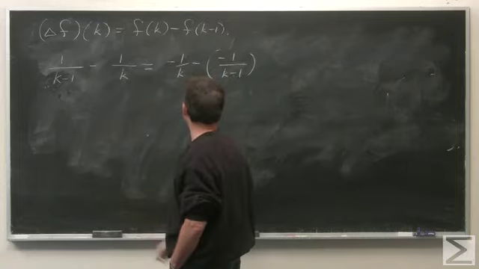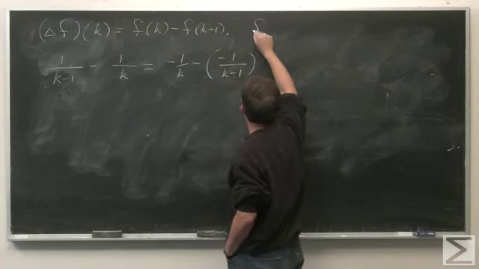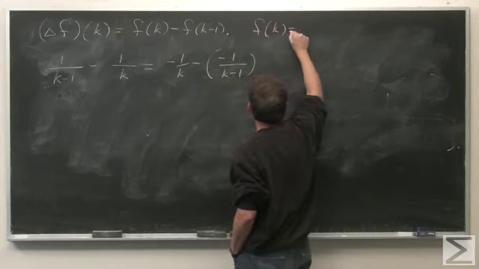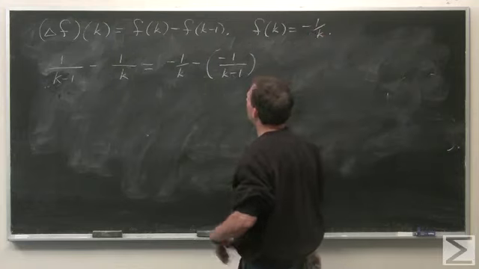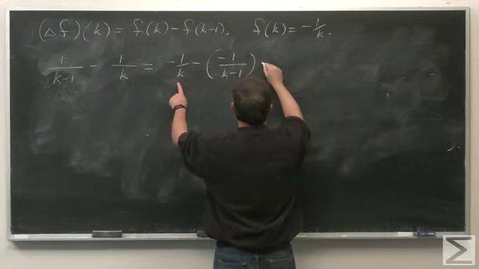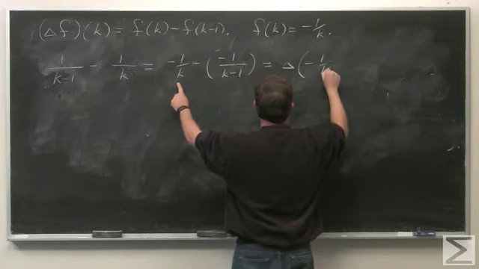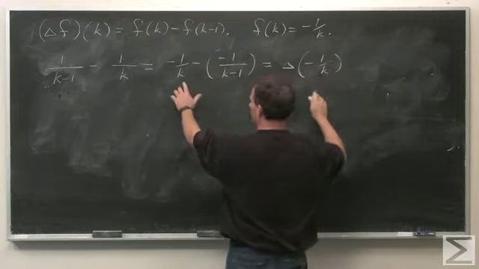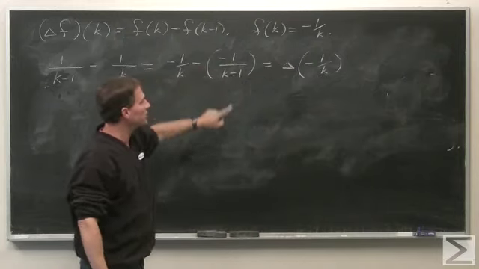Minus minus is plus. But it makes it clear that if we let f of k be negative 1 over k, then this is delta of that. So this is delta of the function negative 1 over k. You take this function evaluated at k, and you subtract its value at k minus 1.